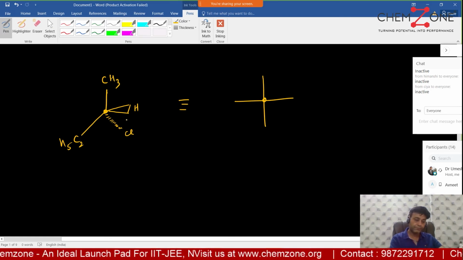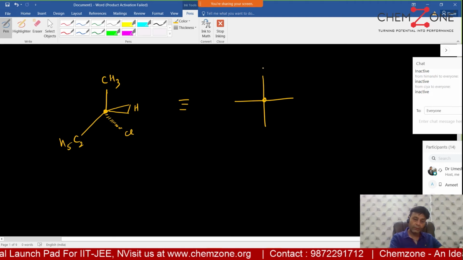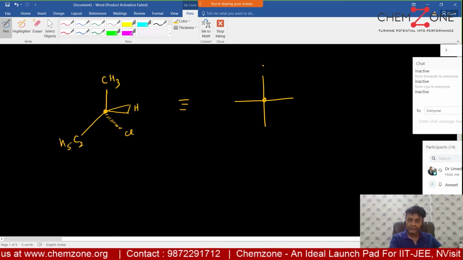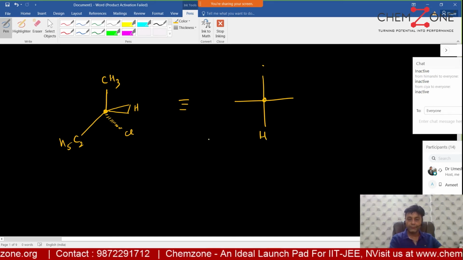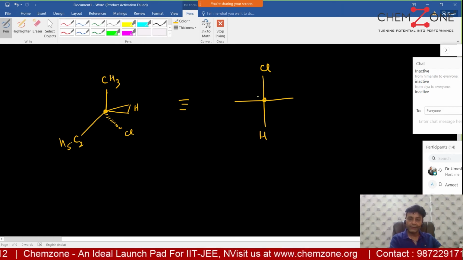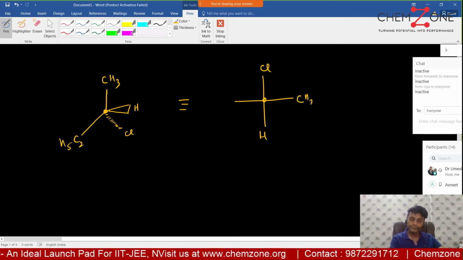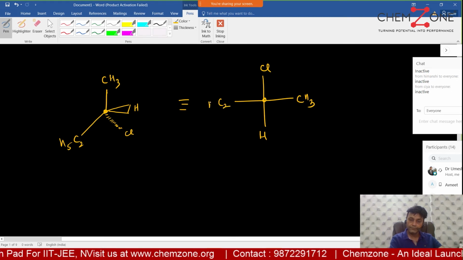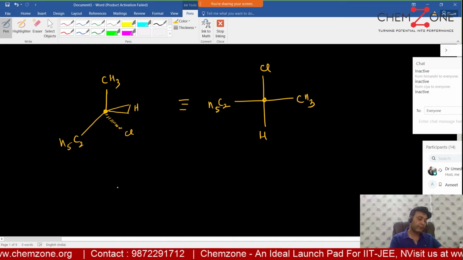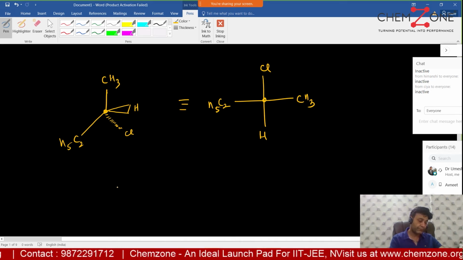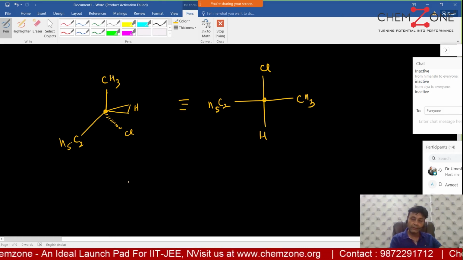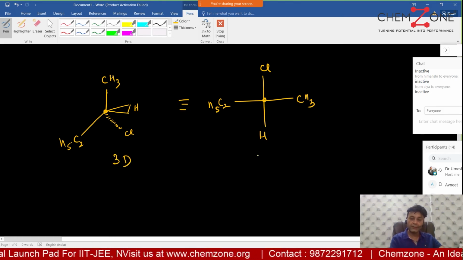How to convert now? Chlorine, the hydrogen which is towards the observer, bring it down. Bring the chlorine up. The up and down ones have come, and the left and right ones are methyl and ethyl. This is the representation of a molecule. Right? It's a 3D representation here, it's a 2D representation here.